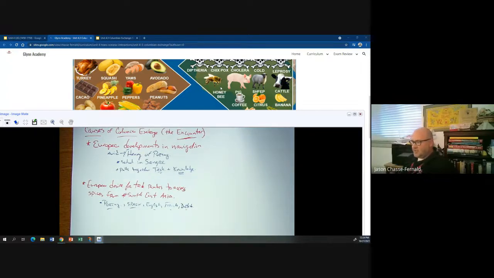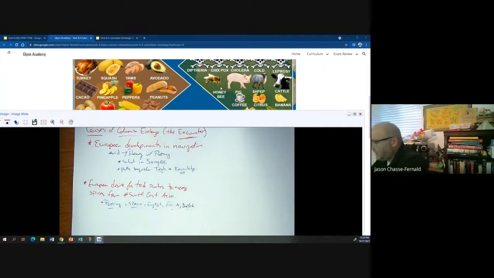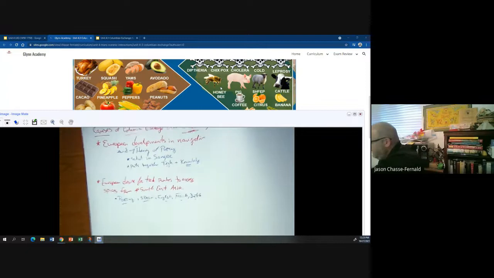So the French are going to be exploring up the St. Lawrence River pretty early in the 1500s. You'll get permanent British settlement by 1607 at Jamestown. Obviously, the Dutch are gonna colonize the Hudson Valley in New York. But initially they are all looking for the same thing.